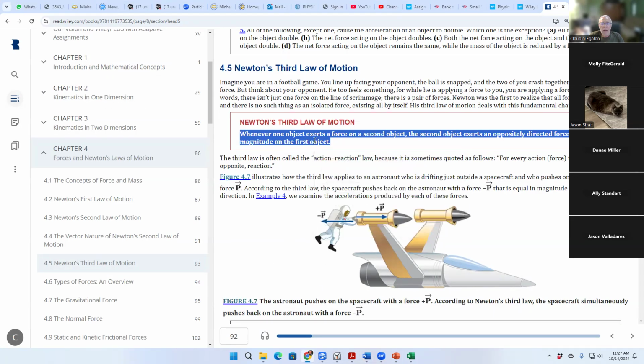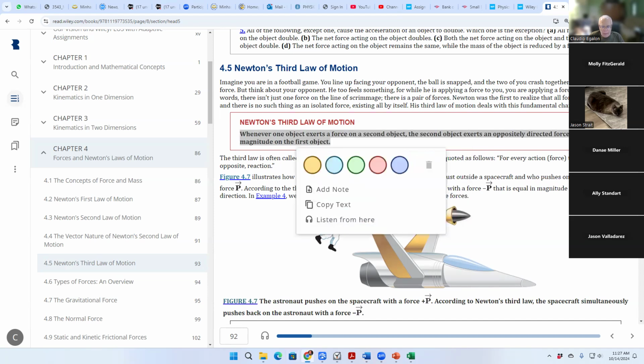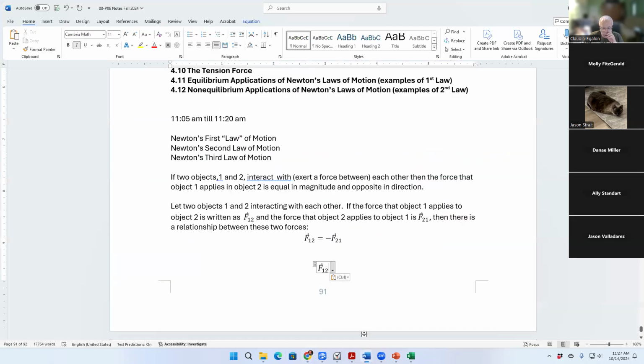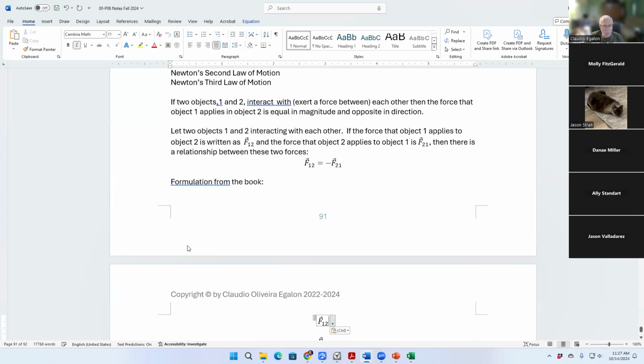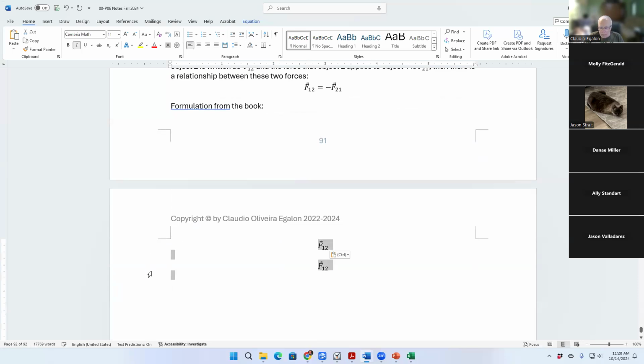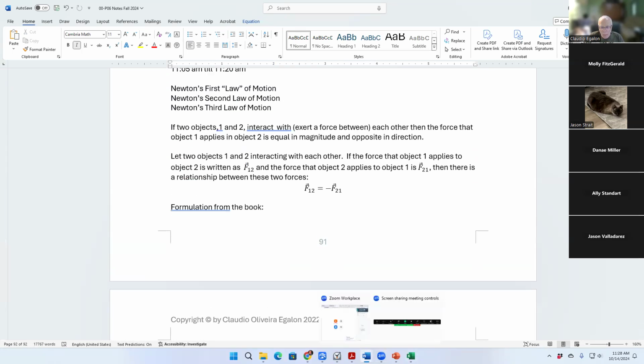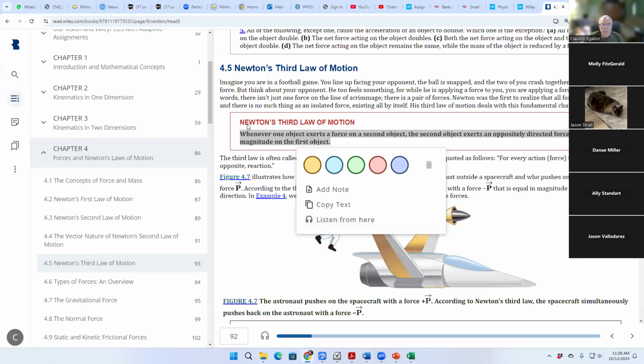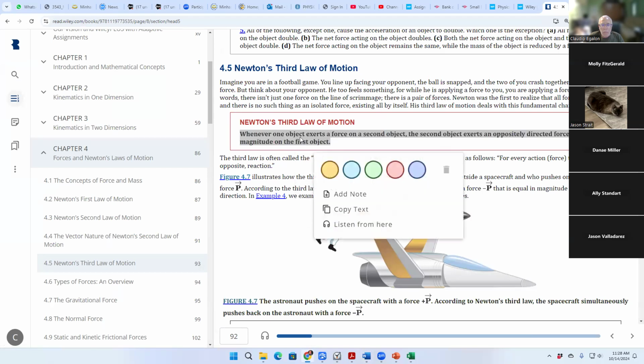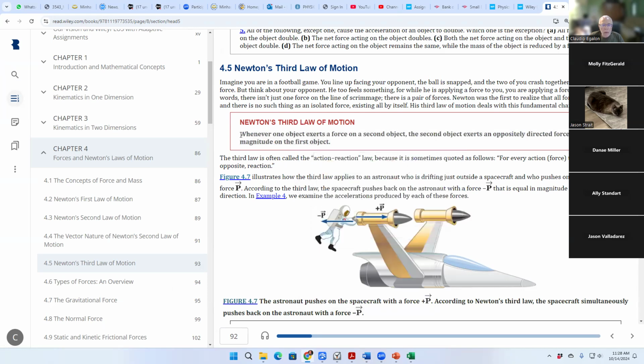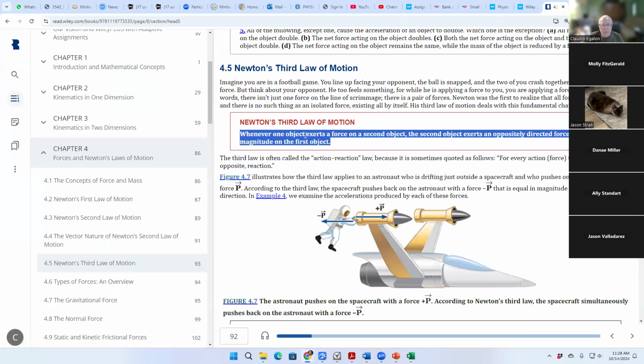I'm trying to copy that formulation from the book, but for some reason it's not copying.